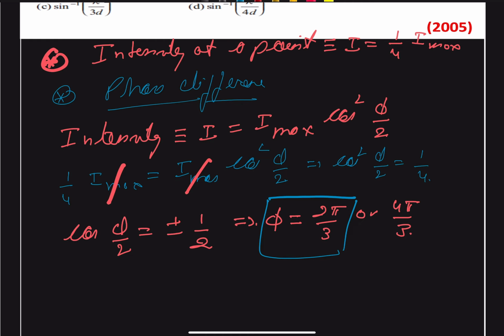Now we can use the relation between the phase difference and path difference.